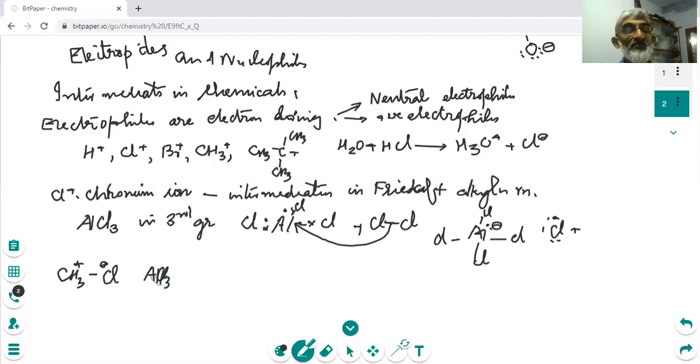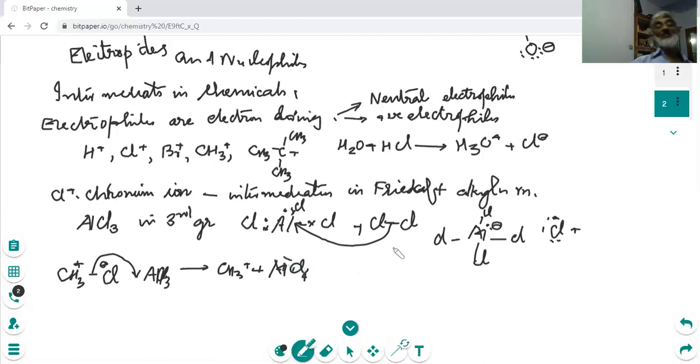You get CH3 plus and AlCl4 minus. So that is the formation of Cl plus.